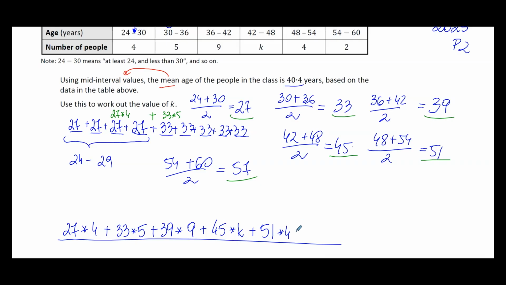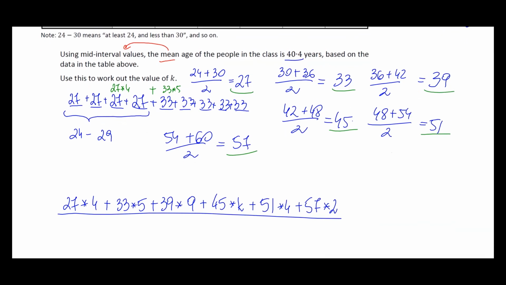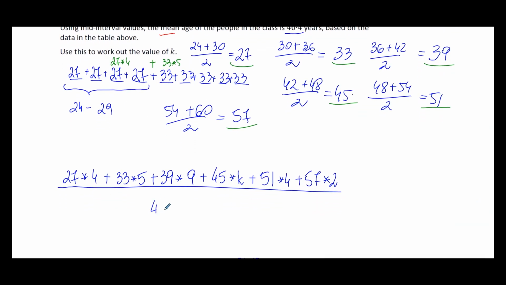And then the last one was 57 and 2 people. And then how many numbers did we add? All of them together. So at the bottom of the fraction, I have 4 and 5 and 9 and k and 4 and 2. So when they've done that and pressed equal, that's how they got 40.4.